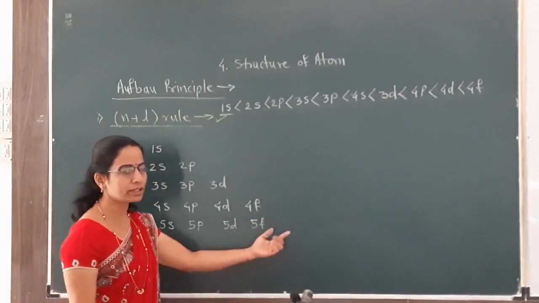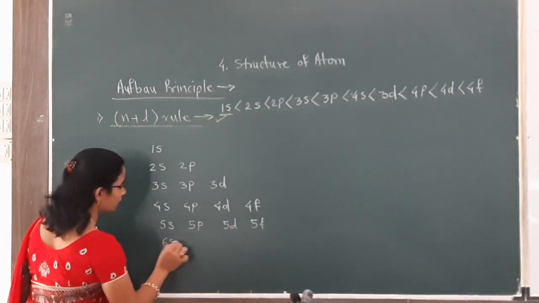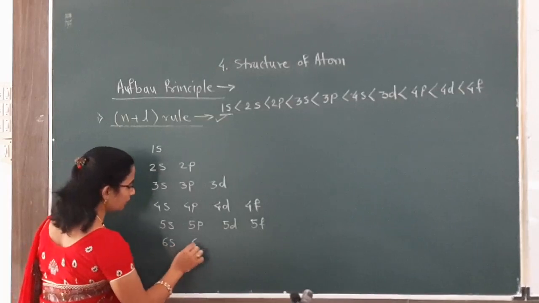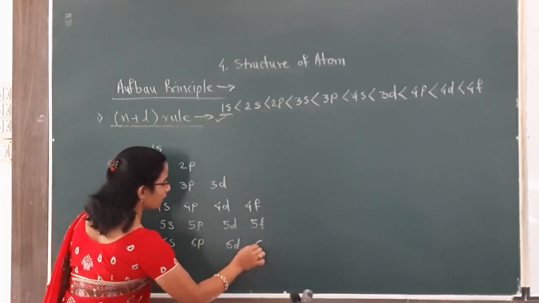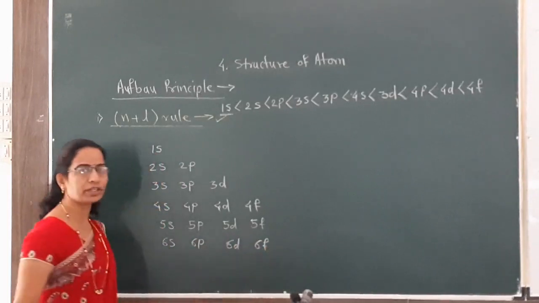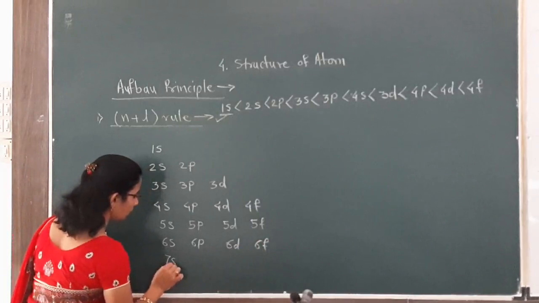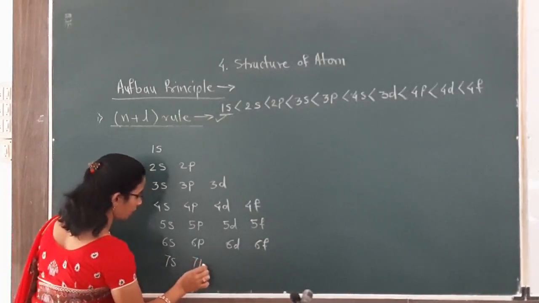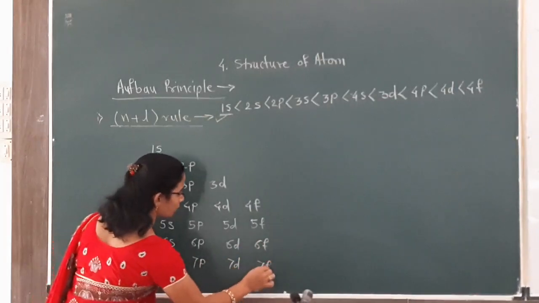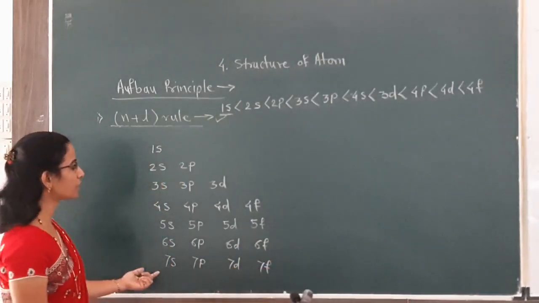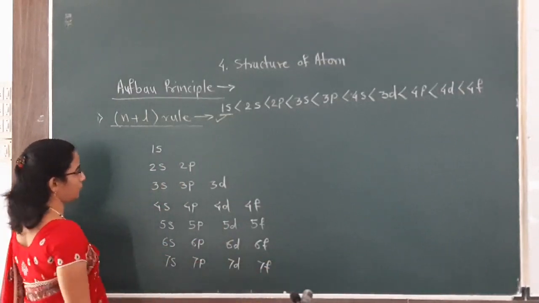But it is not necessary to go beyond f orbitals. The sixth shell will also possess 6s, 6p, 6d, 6f, then 6g and 6h, but we will stop here. And the last one, the 7th shell, will possess 7s. Seven subshells are there, but we are showing only 4 subshells.